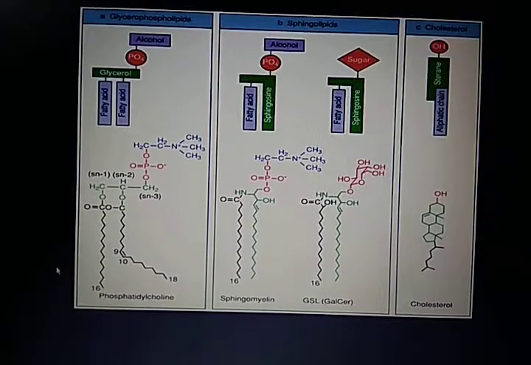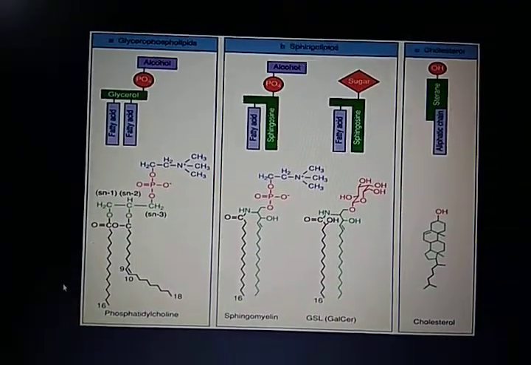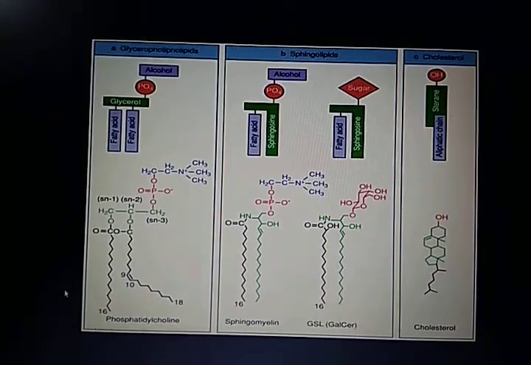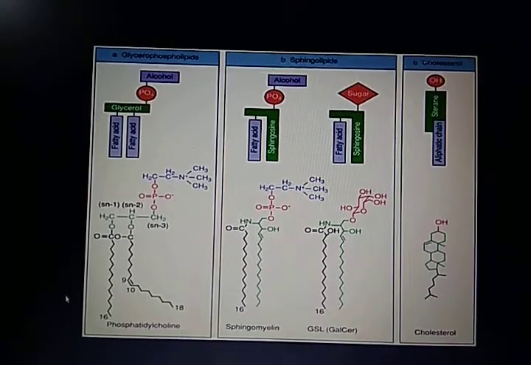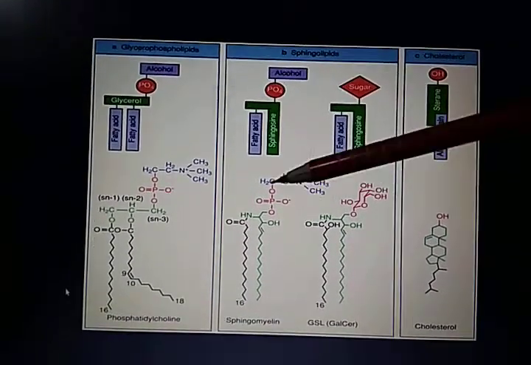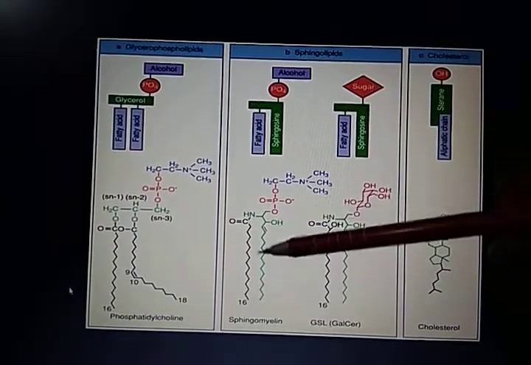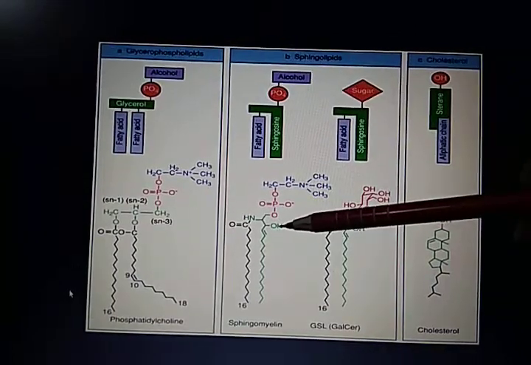The second one is sphingolipid. Sphingolipids are a small but abundant class of membrane lipids. They are derivatives of sphingosine. And what is sphingosine? It is an amino alcohol that contains a long hydrocarbon chain. See, this green one is sphingosine. It contains an amine group as well as a hydroxyl group.